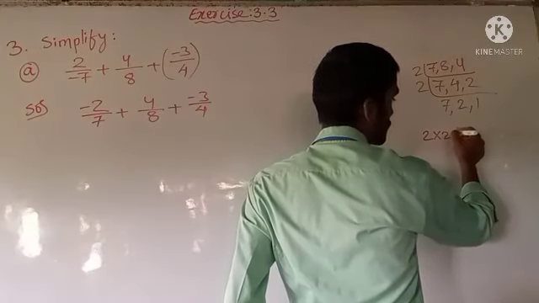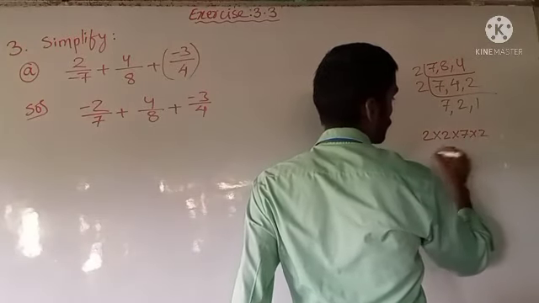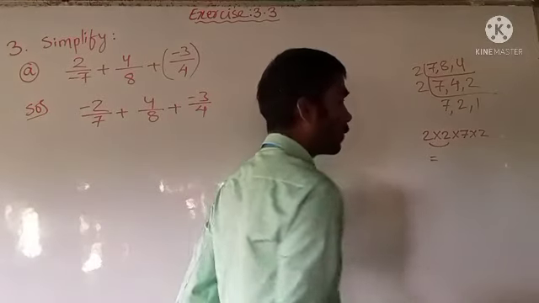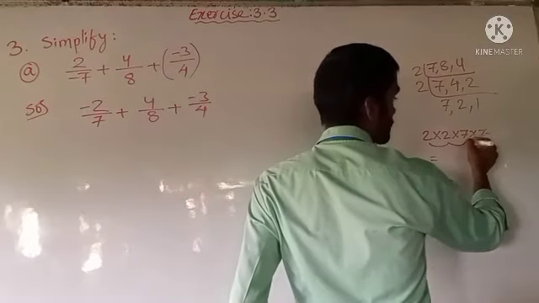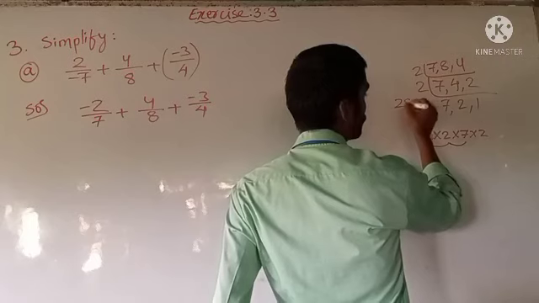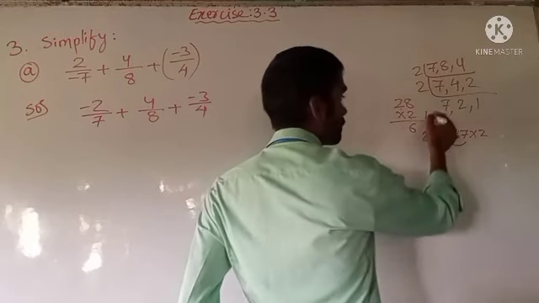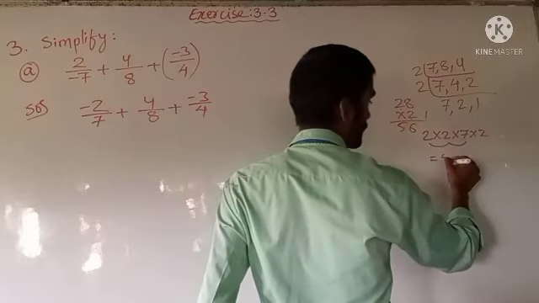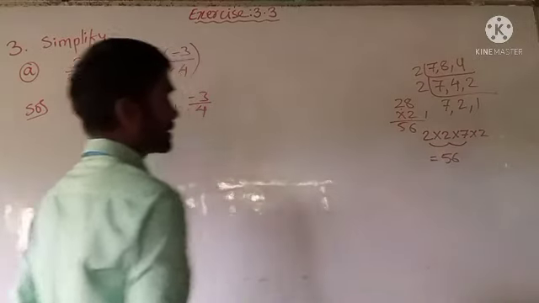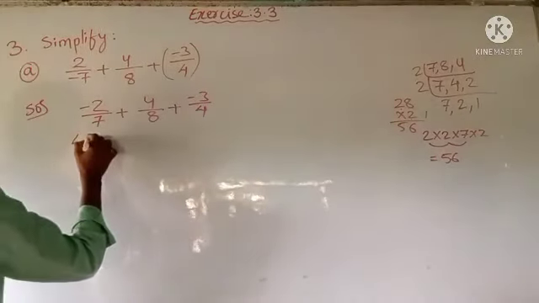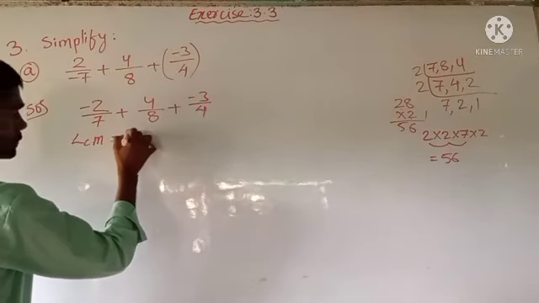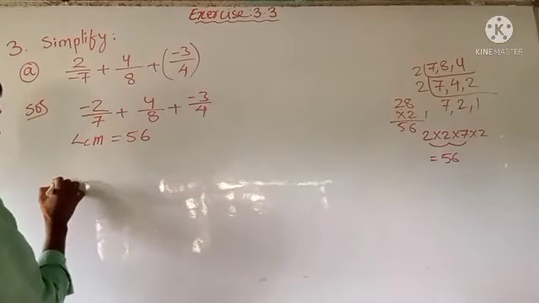It is 2 into 2 into 7 into 2. So 2 into 2 it is 4. 4 into 7 it is 28. 28 into 2, 8 2s are 16, 2 2s are 4 plus 1 is 5. So we got the LCM, that is 56. So LCM is equal to 56.